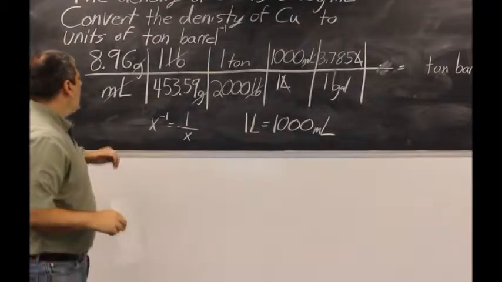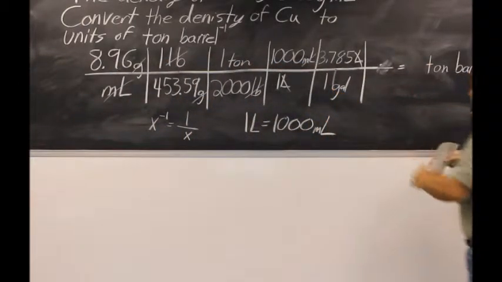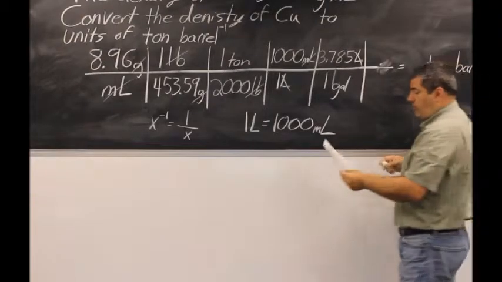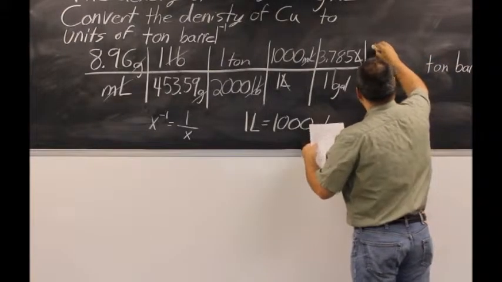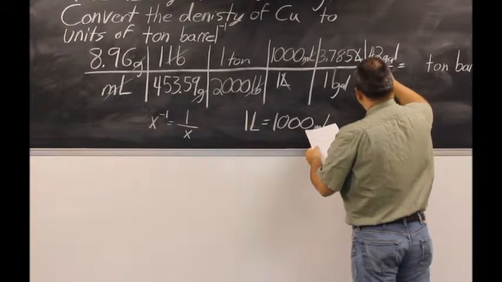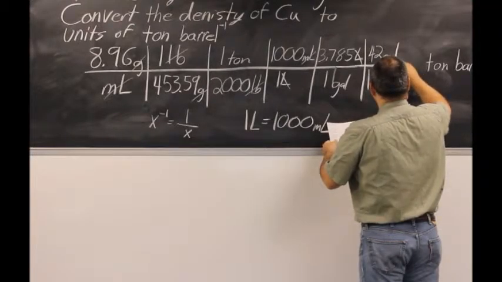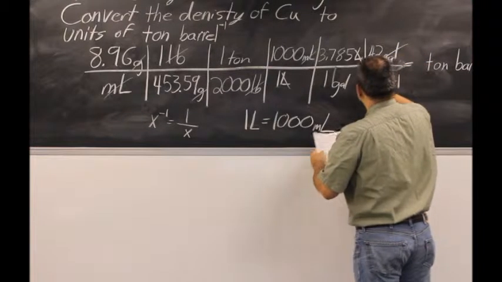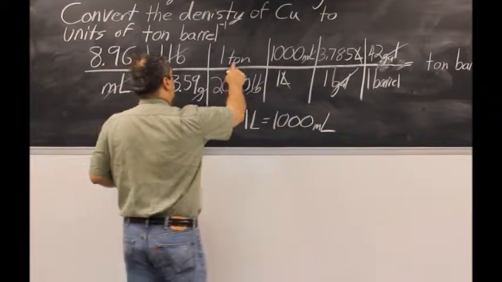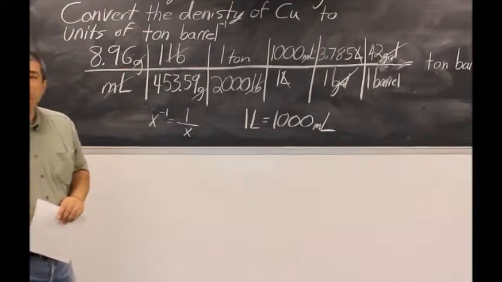Okay, so we want barrels to the -1, not gallons to the -1. So the last conversion I gave you was 42 gallons is 1 barrel. Well, gallons cancel. Look what I've done. I am now in units of ton per barrel. Every other unit has canceled out.